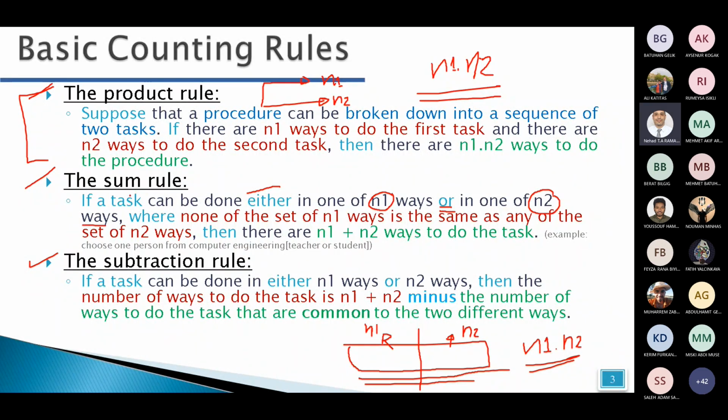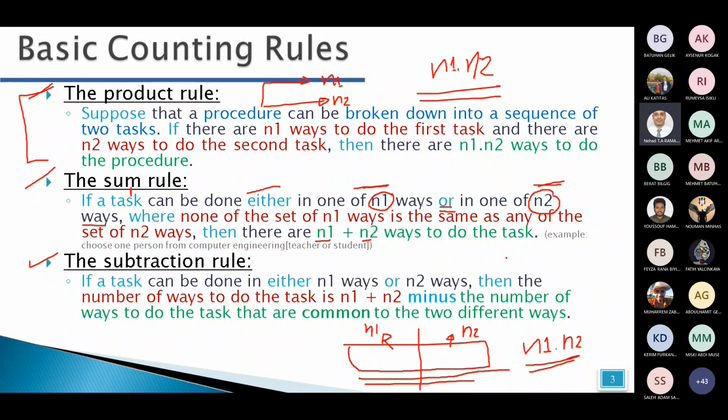So to do one task, you have 2 different groups of ways, n1 ways or n2 ways to do this task, where these n1 ways and n2 ways are different ways. Okay, there is no intersection between n1 ways and n2 ways. If there is no intersection, then there are n1 plus n2 ways to do the task.